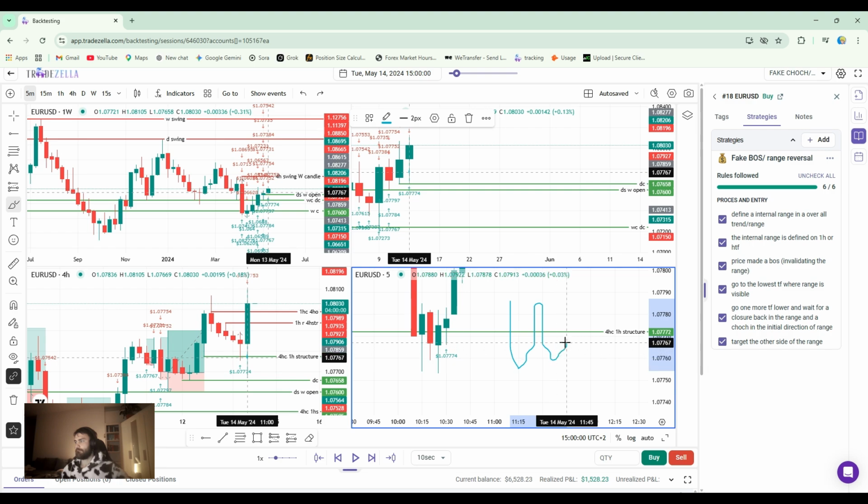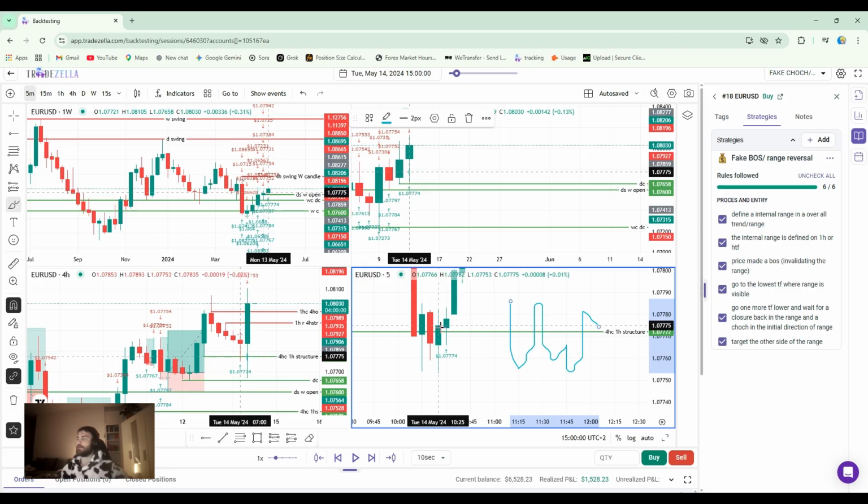Then pulled back, right? Then came one more time down here, and then went all the way up here, and eventually came down here, right above the range. Well, I didn't mark this candle in here, but even if it wouldn't have taken the high of this candle, or the open or something, here the change of character happened.